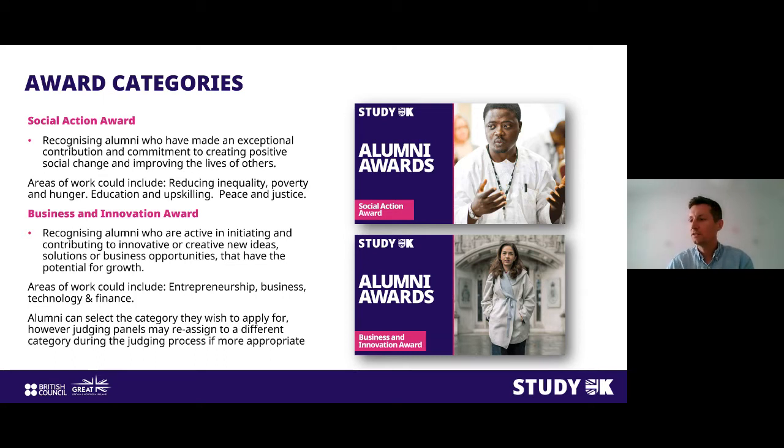We're after impactful stories, and John will talk in a minute about how impact is the most important criteria when looking at these applications. So have a think about where the impact lies, and I hope you can use that as a guide as to which category you should apply for. If in doubt, then please get in touch.